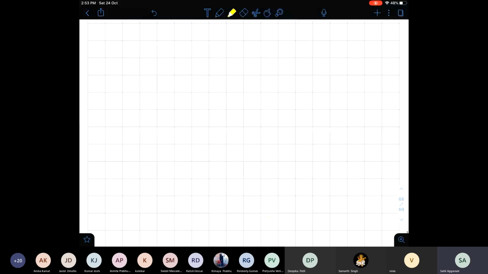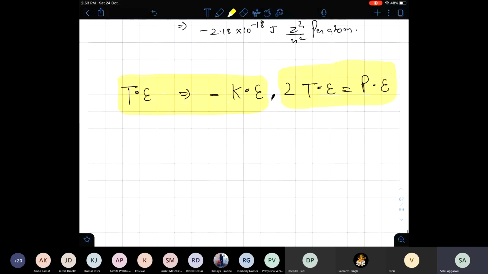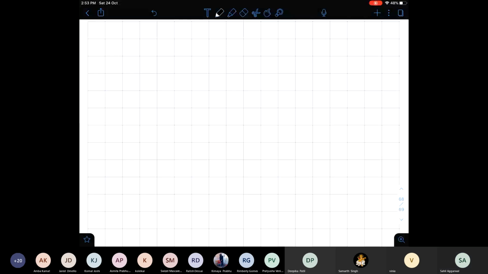Let's try some questions. The radius of third orbit of hydrogen atom.